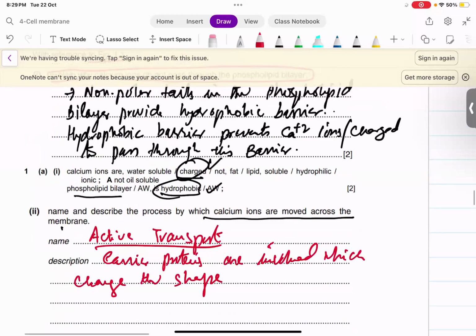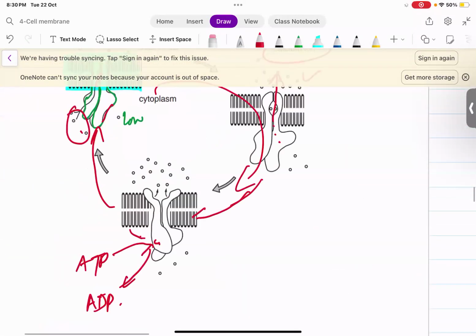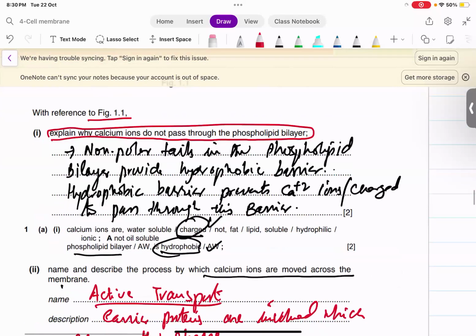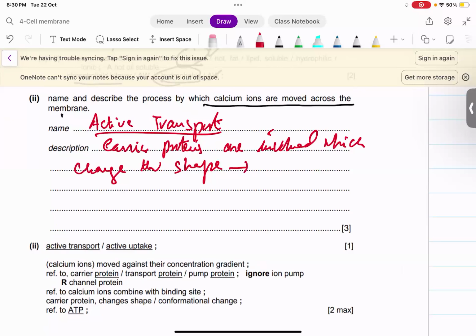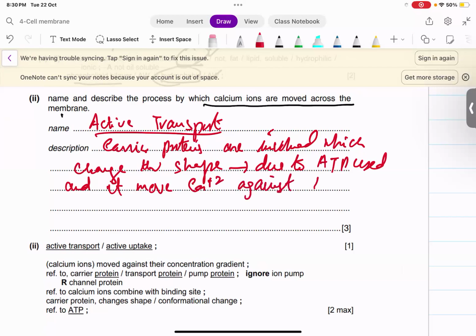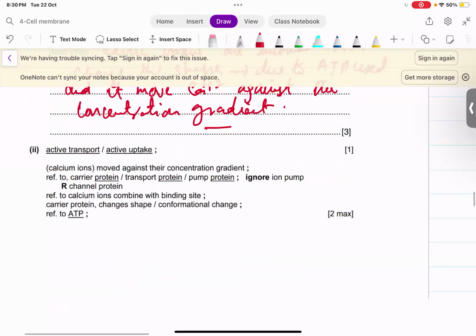Though the use of ATP has not been mentioned in this diagram, obviously we know that ATP is used, so we can give a reference to this change in shape being due to ATP used, and it moves calcium ions against the concentration gradient. Okay, so that's how you should have answered this point.